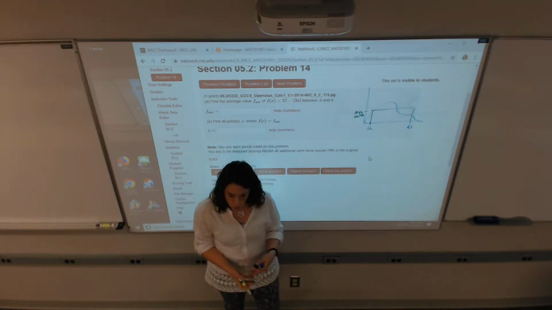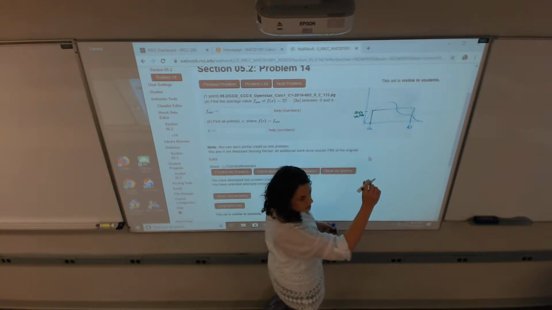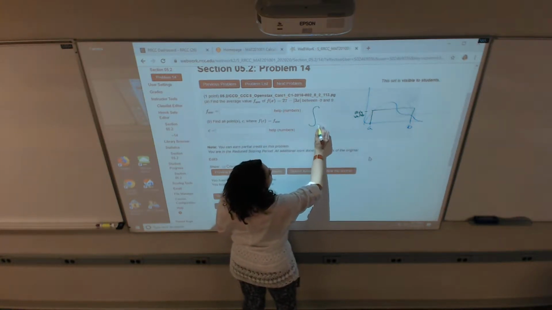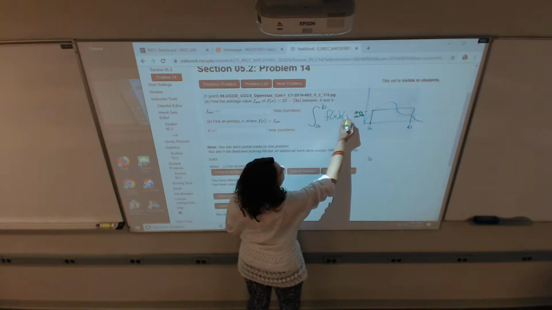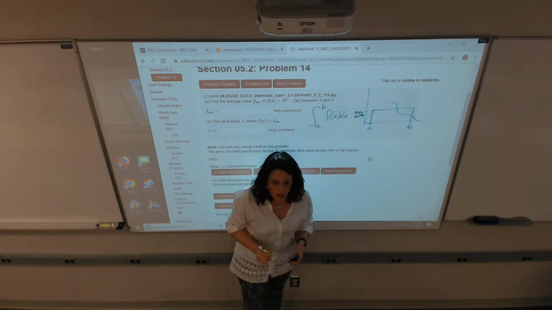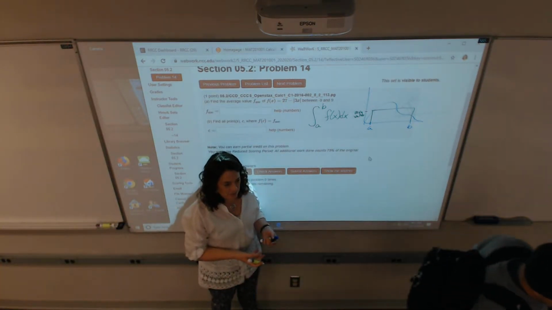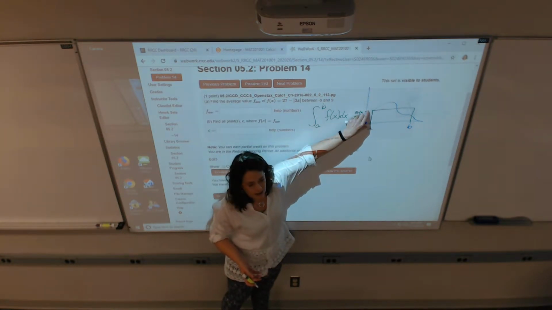To get the formula for average value, you have to take the area under the curve, so that's the definite integral from a to b of f of x dx, and divide by the area of the box. How am I going to get the height of the box?